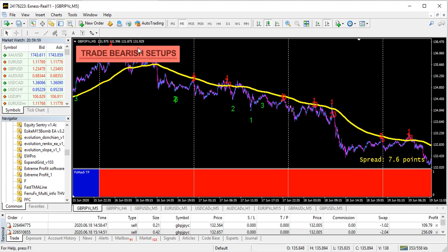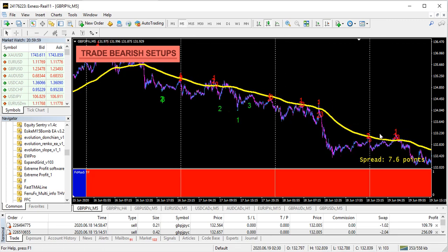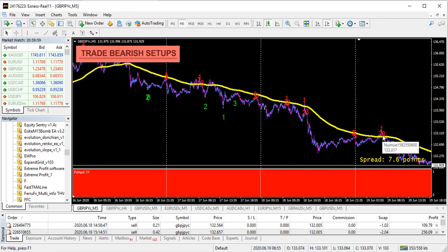So when you have a sell trend confirmed by trade bearish setup, you enter when the signal comes. You only enter sell signals.